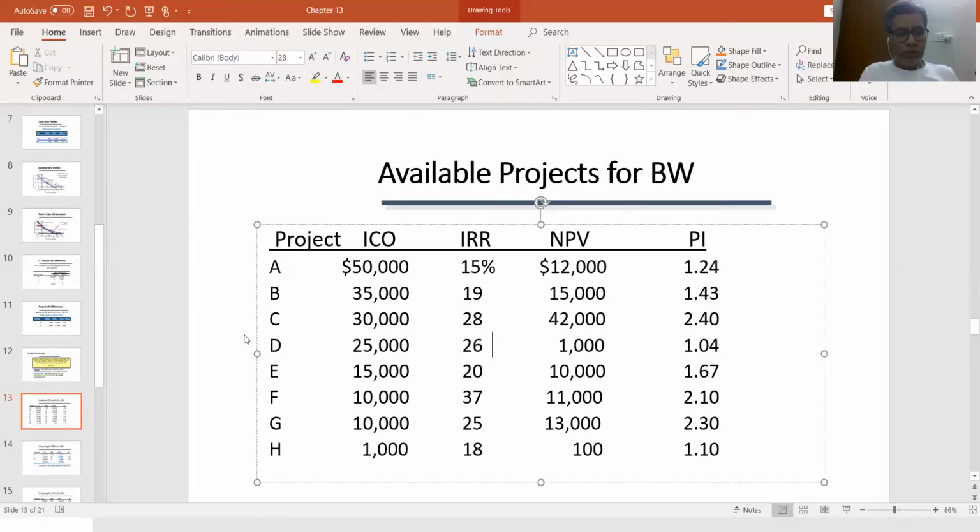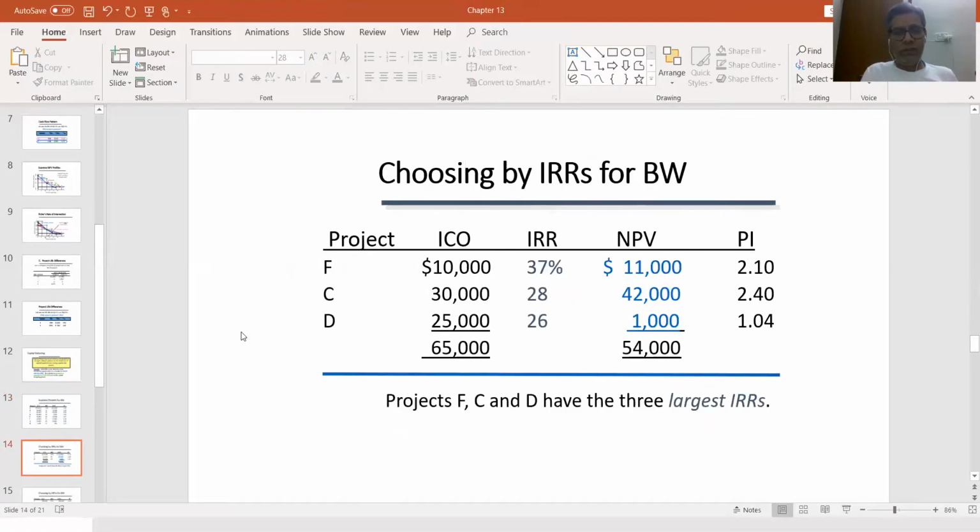So we need to select projects on the basis of IRR, and here we go. This is the picture of the investment selected on the basis of IRR. We can utilize the overall 65,000 rupees, and we selected on the basis of IRR, but the corresponding NPV and PI values we just write, while the selection is based on IRR.